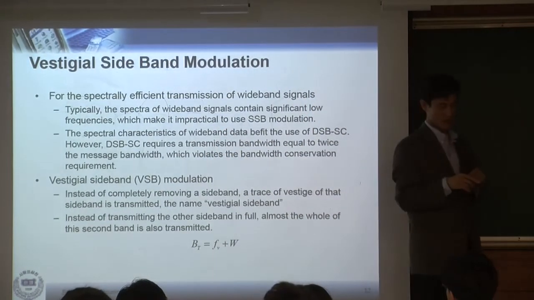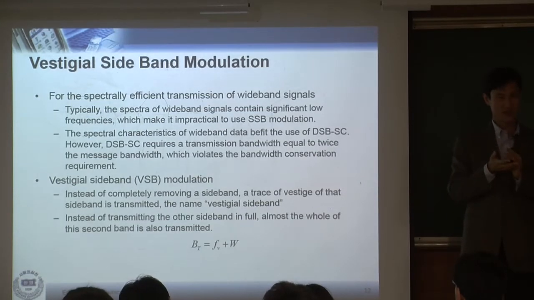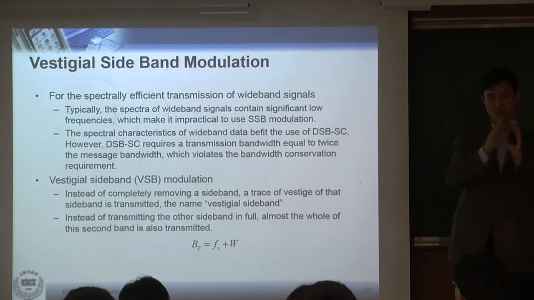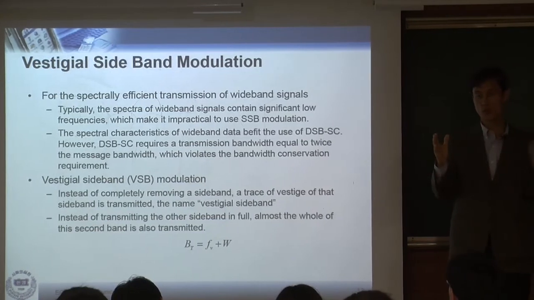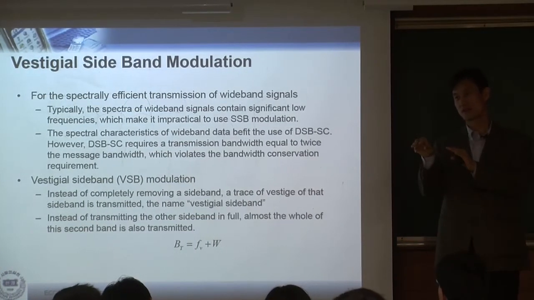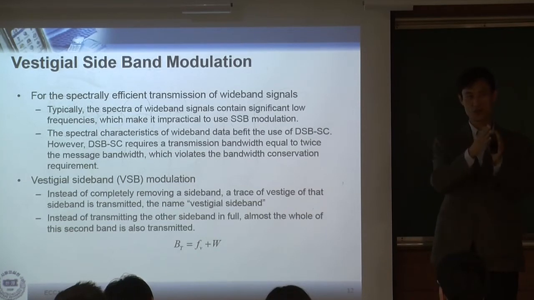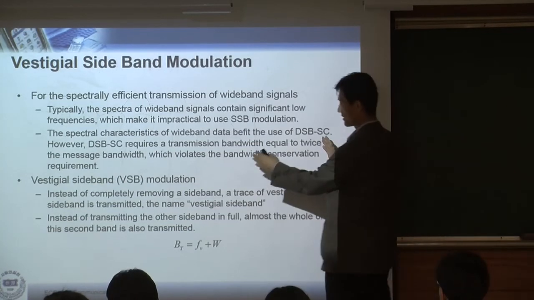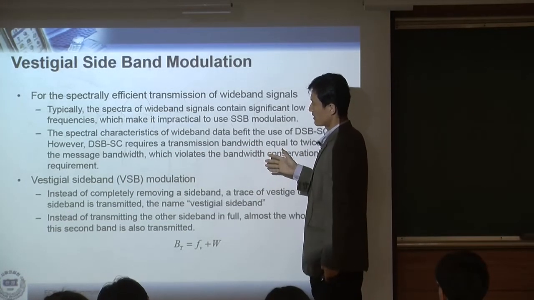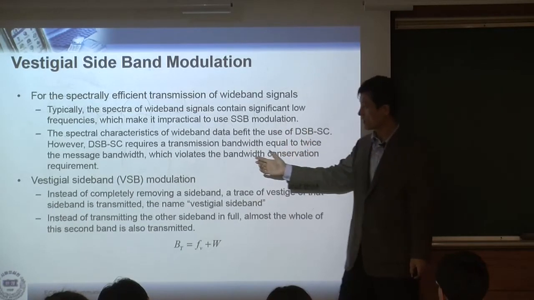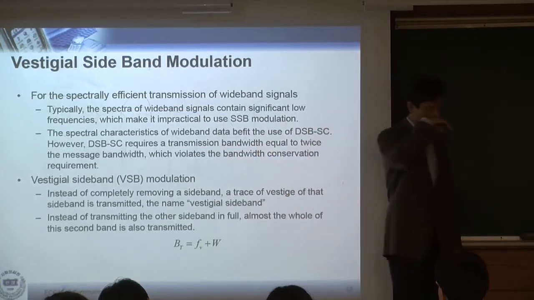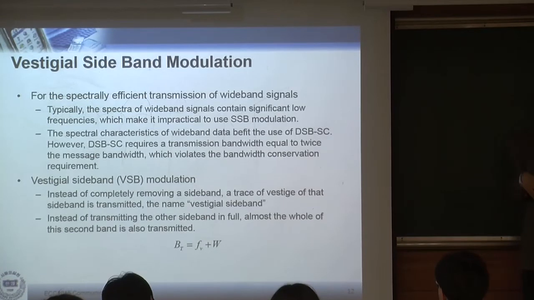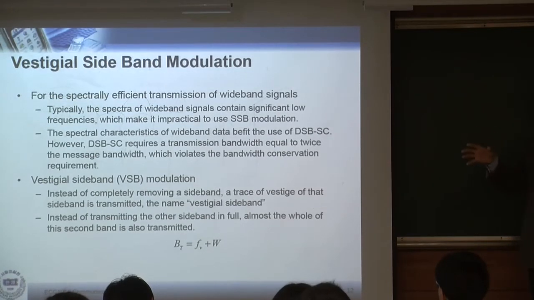Not only that, when you look at the TV signal, you have the image signal. You also have voice, okay? Voice signal and also image signal. But typically voice is low frequency. And also image has a wideband. So because of that, typically for the TV signal, it's not a very good idea to use DSB and SSB.